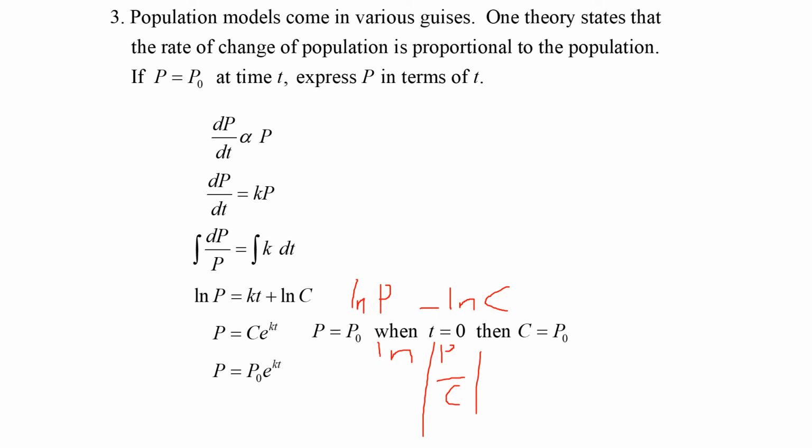So it becomes c multiplied by e to the power of kt. Once you arrive at this, you have already expressed P in terms of t with the given unknown.